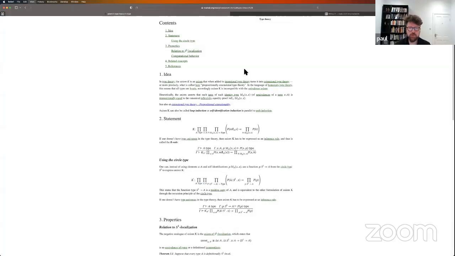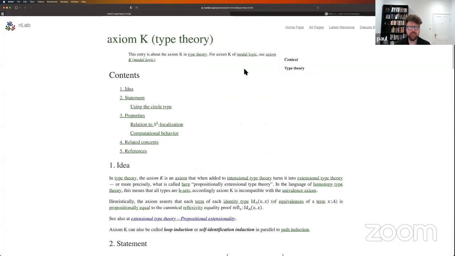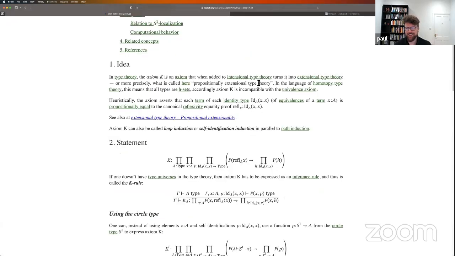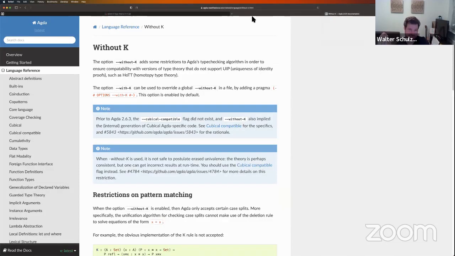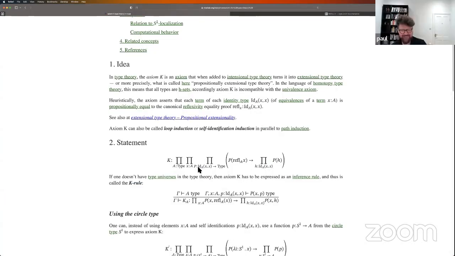So I initially went to nLab, which of course is no use to me. Oh wow, this is K. Well, you can read pi: for all types A, for all x, these are just parameters.